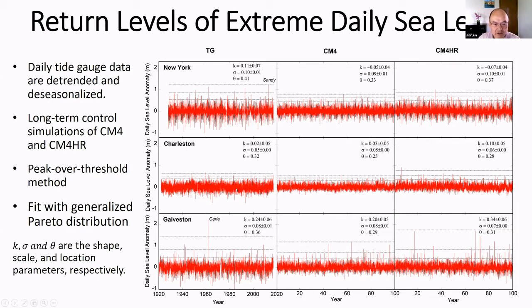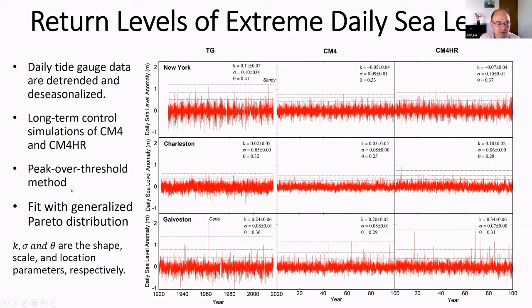And at Charleston, you see the return levels are better simulated by the models. And at Galveston, you see the return levels are underestimated in the CM4 simulation, but overestimated in the CM4 HR simulation, especially for the 1 in 100 year return level.